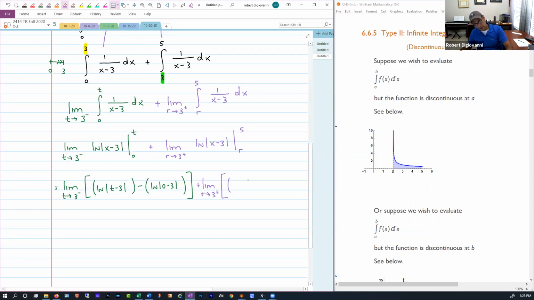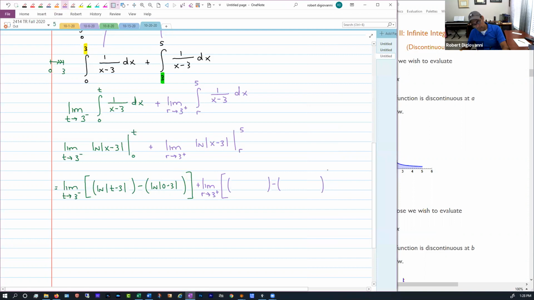Plug in. I'm running out of room here. So we plug in 5 first, natural log absolute value of 5 minus 3. We plug in r, natural log of absolute value of r minus 3. Okay, let's do it.